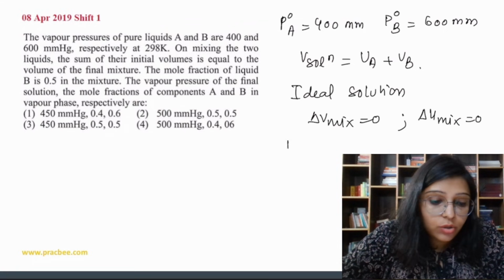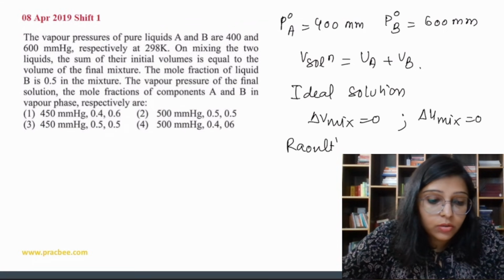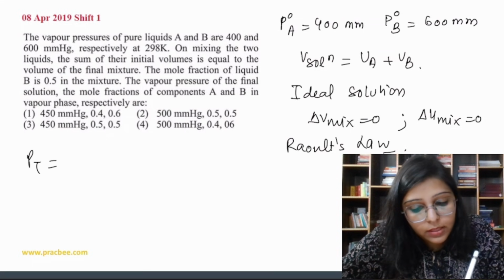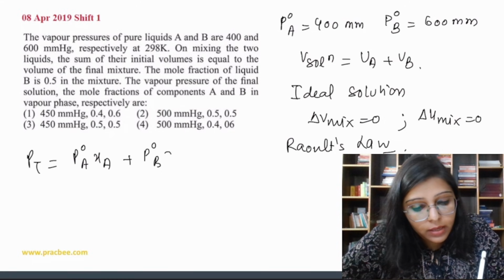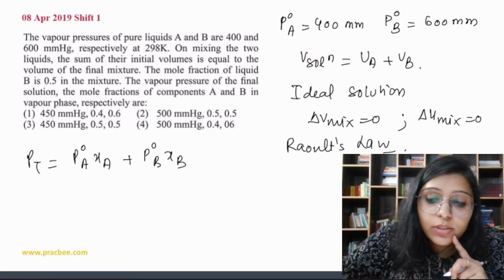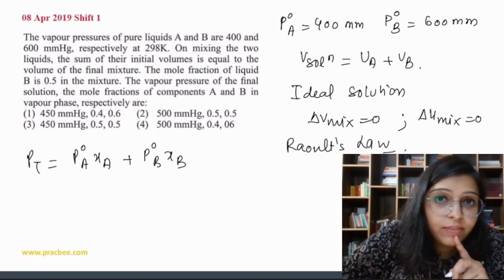So if they are an ideal solution, it means they follow Raoult's law, right? So if they follow Raoult's law, we have to apply PT is equal to P naught A XA plus P naught B XB. That's it. So the question says the mole fraction of liquid B is 0.5 in the mixture.